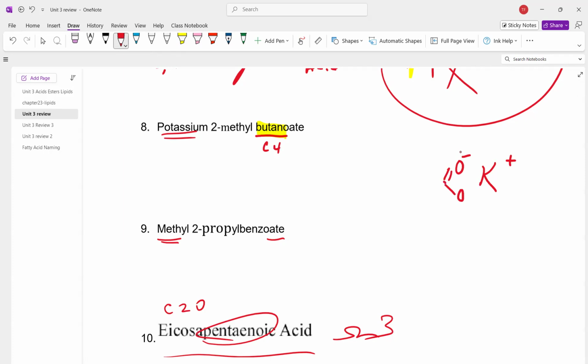So 1, 2, 3, 4. And at carbon number 2, we have a methyl branch. So that would be potassium 2-methylbutanoate.